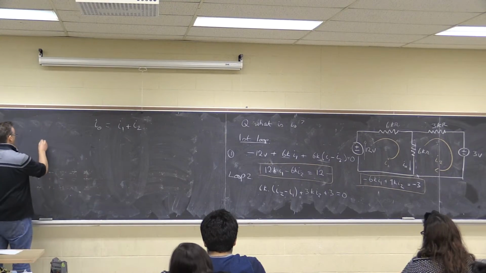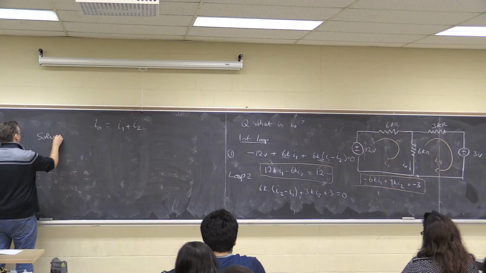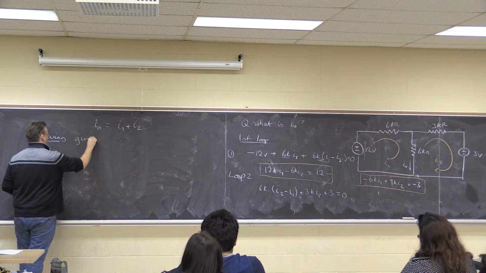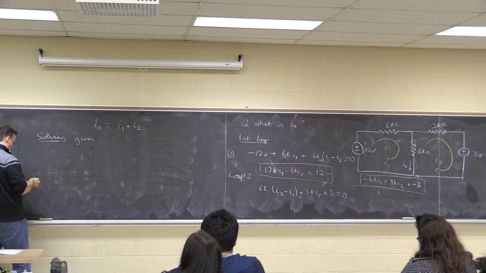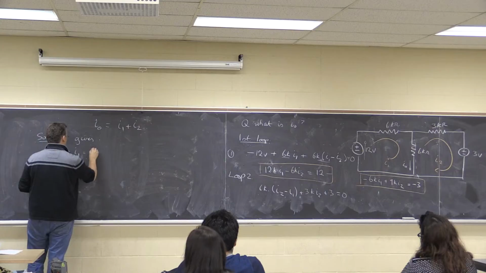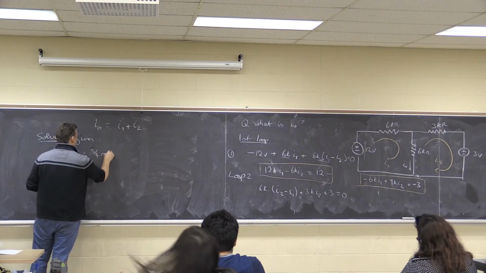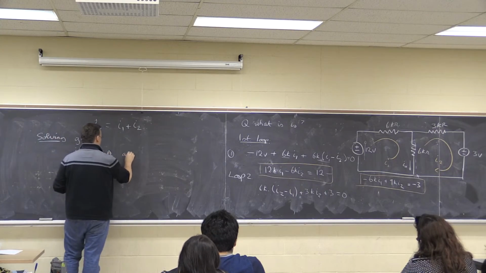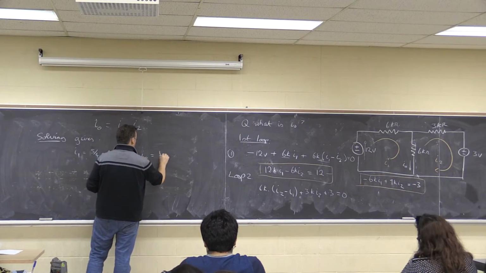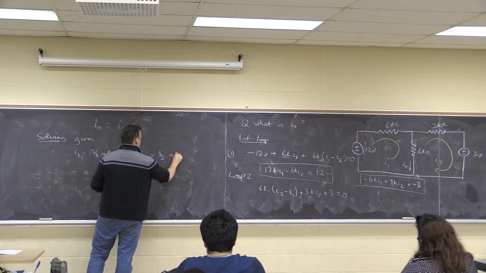So solving gives I1 equals 5 over 4 milliamps and I2 equals 1 over 2 milliamps.